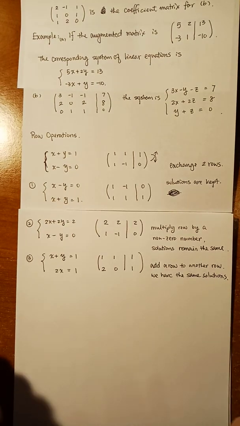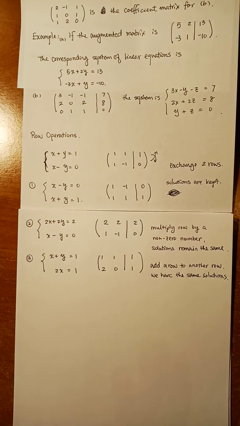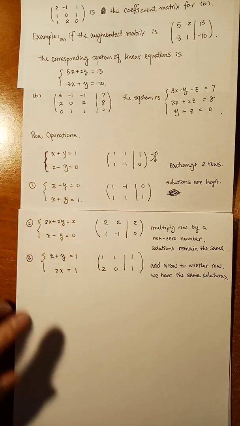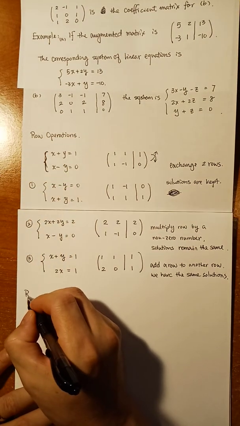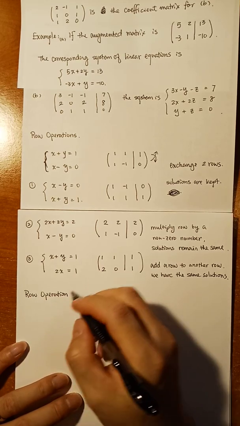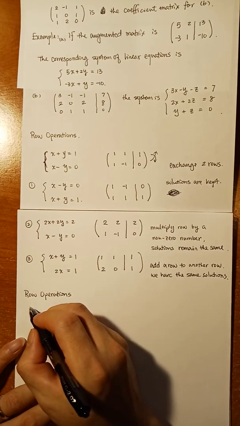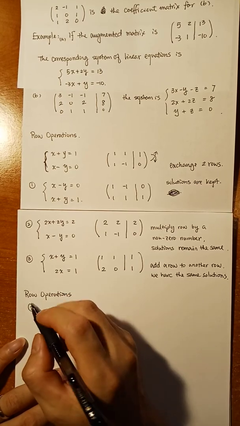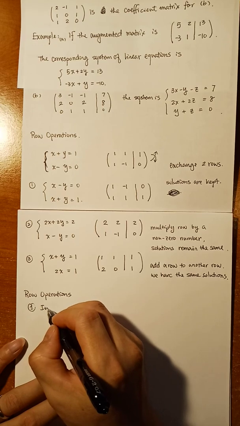Okay, so you can recall that in the elimination process, we actually just do those steps to solve the system of linear equations. So these three operations are essential in the matrix study. They are called row operations. What is a row operation? Number 1. Interchange any two rows.